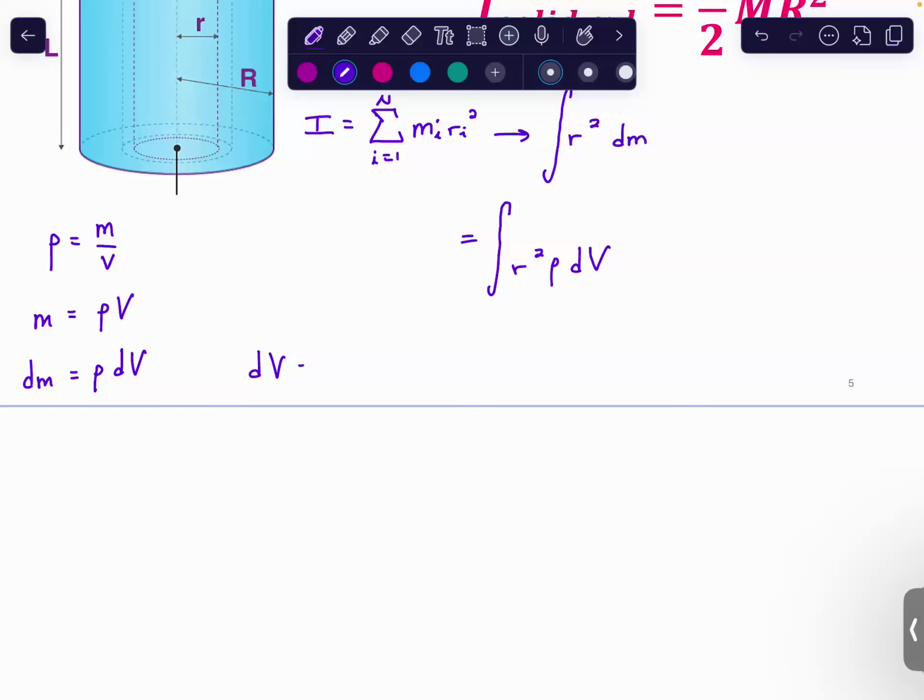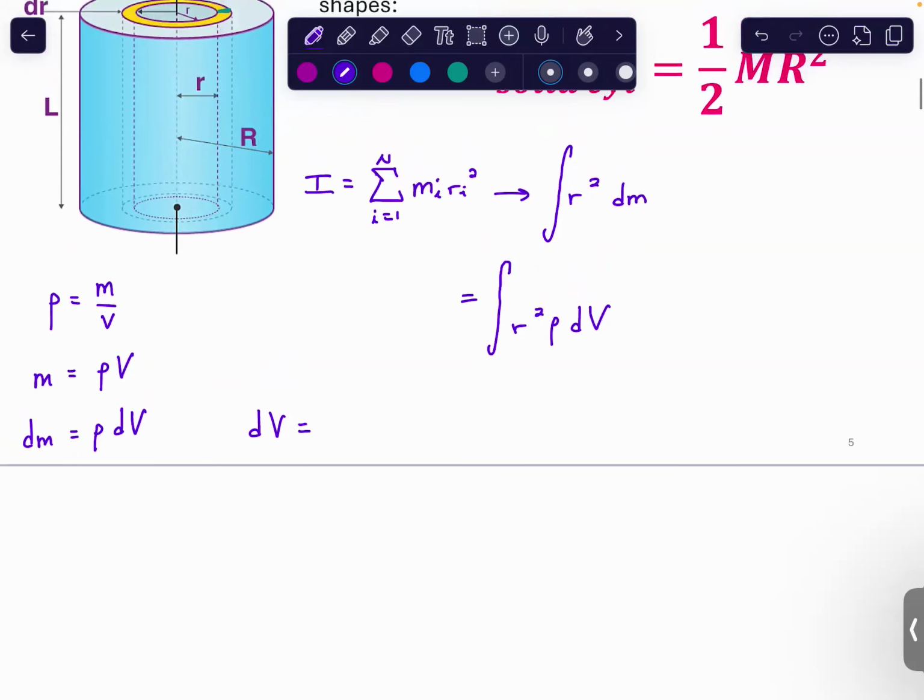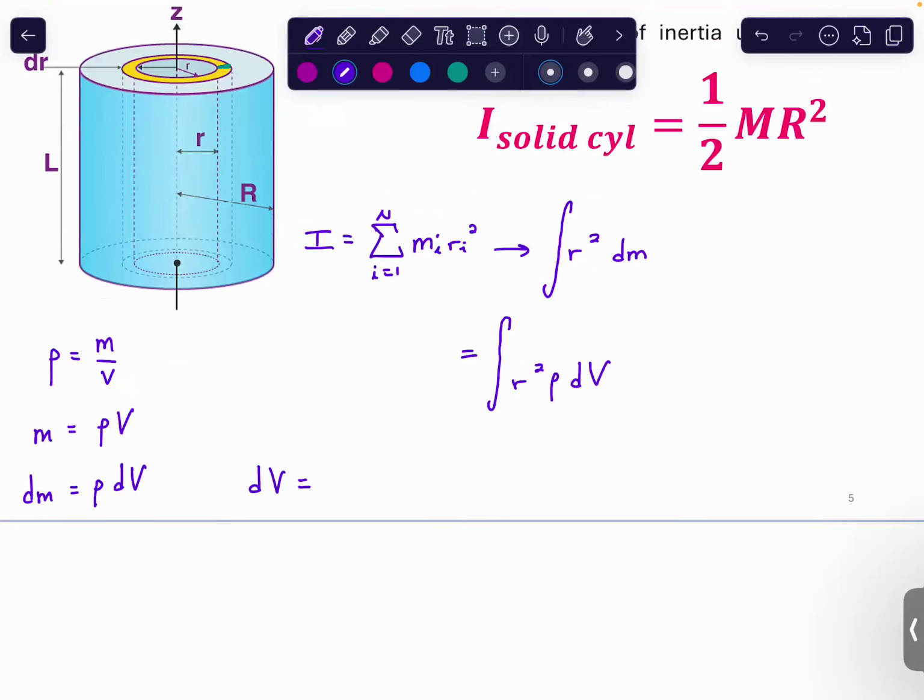Now, each individual volume element is a cylinder. Imagine these as hollow cylinders with a thickness dr. To get the entire volume of these hollow cylinders, we have the circumference of the circular part of the cylinder times the length of the cylinder times the thickness.